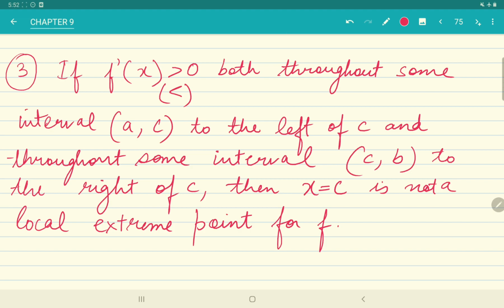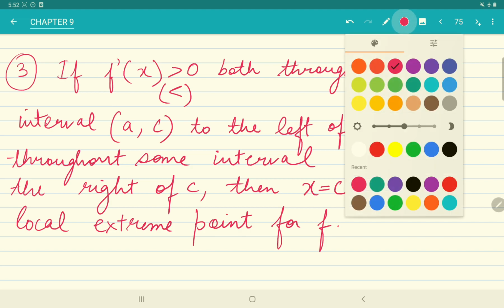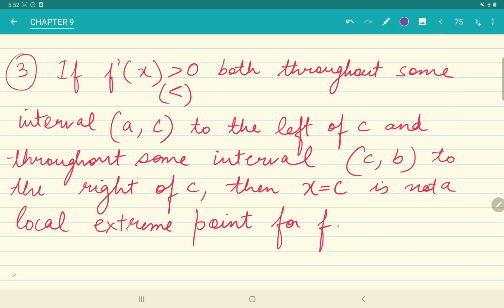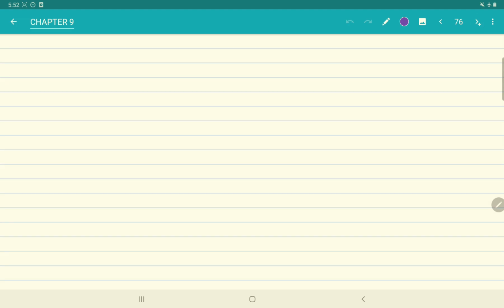Let's now take up two questions. Before I take up those two questions, there is one point to note, and that is this. So let's say f prime x is greater than 0 in a to c.